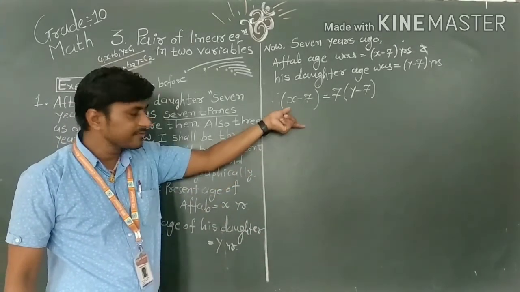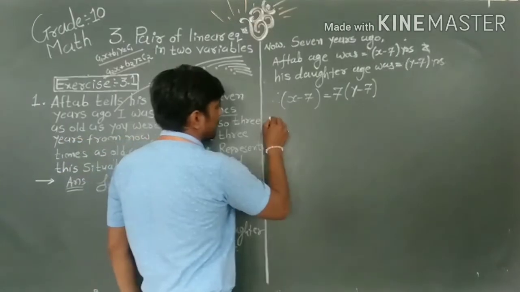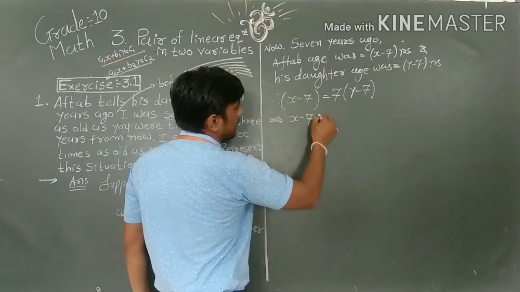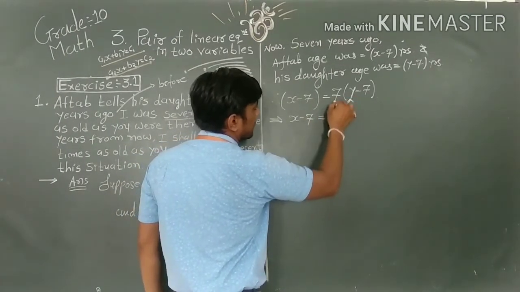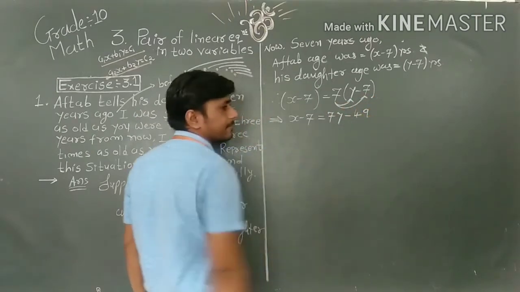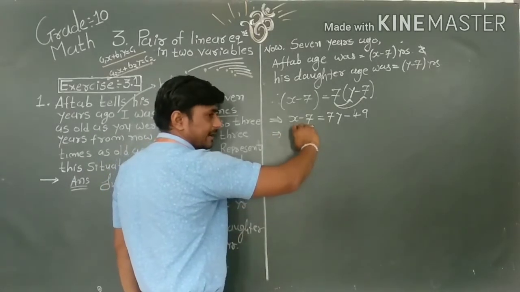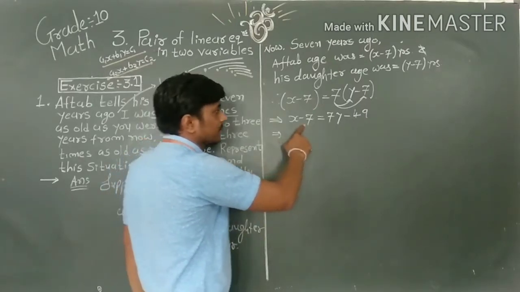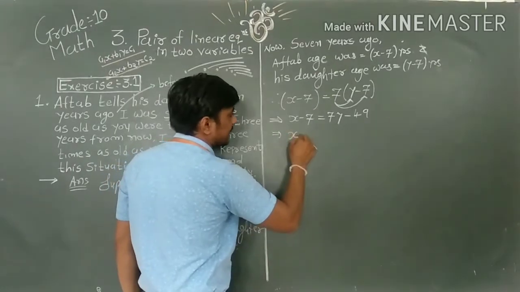First of all, we simplify this to the simplest form. x minus 7 equals 7 times y minus 7. Multiplying 7 with y gives 7y, and with minus 7 we get minus 49. Now shift 7 to the opposite side, it becomes positive, and shift 7y to the left side, it becomes negative.